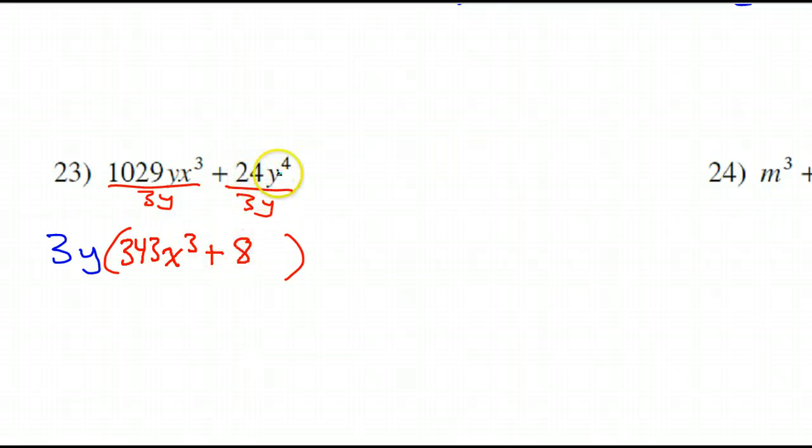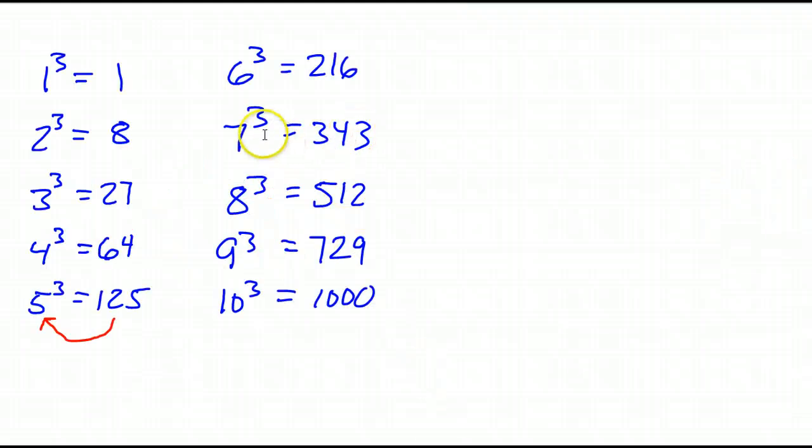And this y will cancel out one of the y's and leave y to the third power. So this is what we have if we pull out the greatest common factor. But then we will keep going. These are both perfect cubes, 343 and 8. Okay, 343 comes from 7, 8 comes from 2.